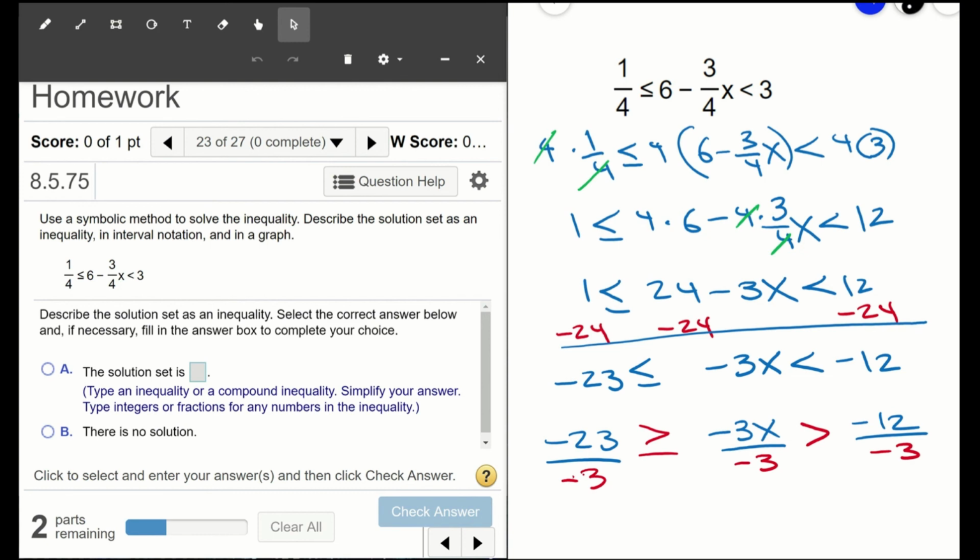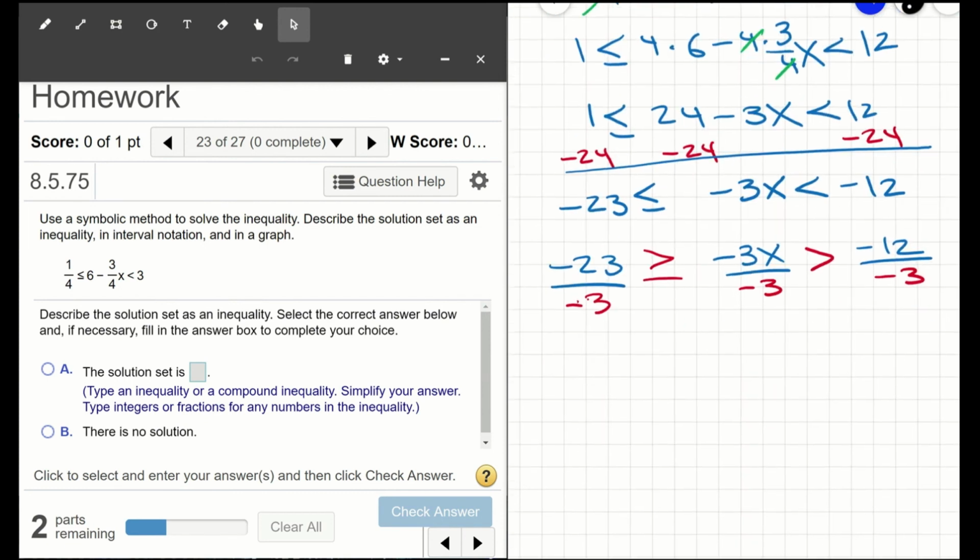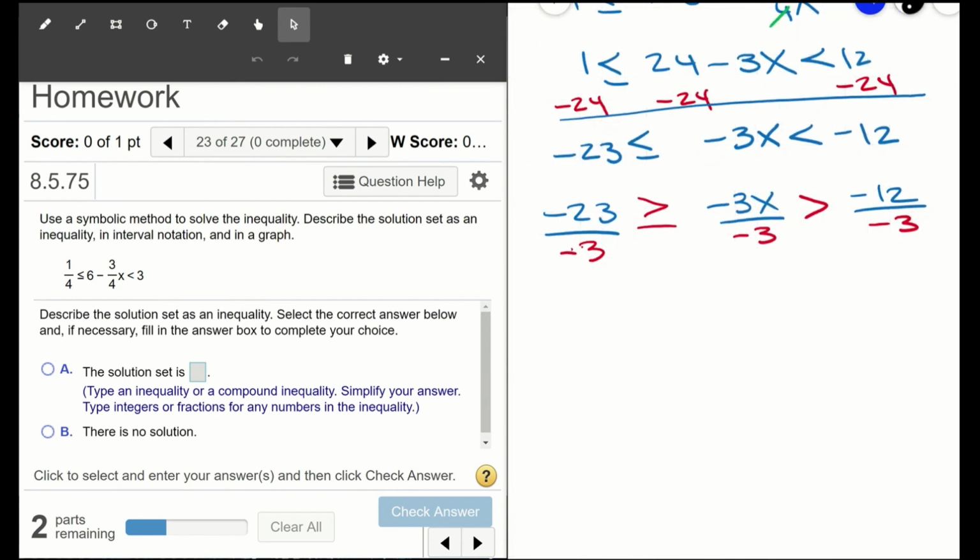So we end up with, let me move this up a little bit. Okay, like so. All right, so we end up with, notice negative divided by negative is positive. So 23 over 3 greater than or equal to x greater than negative 12 divided by negative 3.